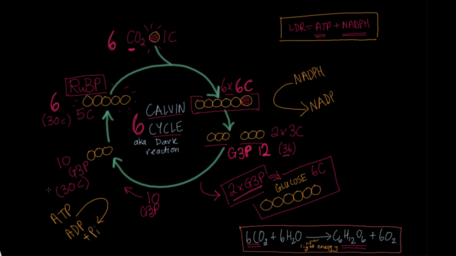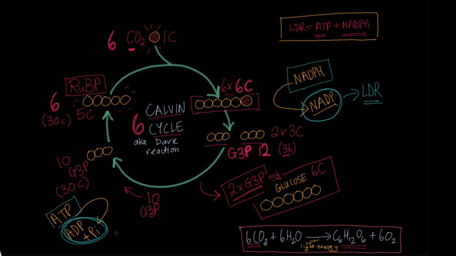Do you remember what the light-dependent reactions needed? They made NADPH from NADP, and they made ATP from ADP and phosphate. So this here and this here, these are going to go back into the light-dependent reactions to be re-energized into these molecules that we need using the energy from the sun.